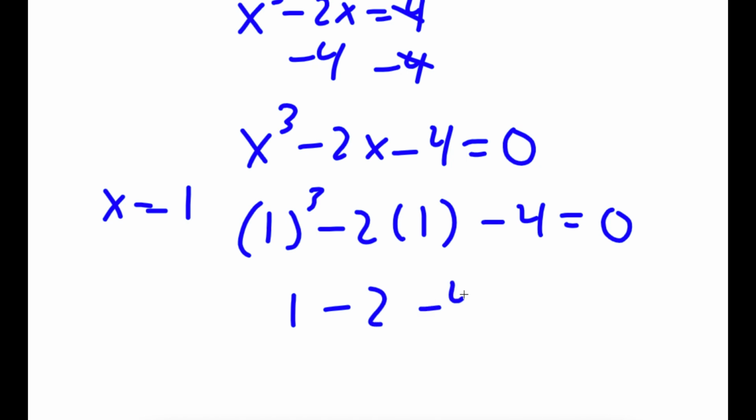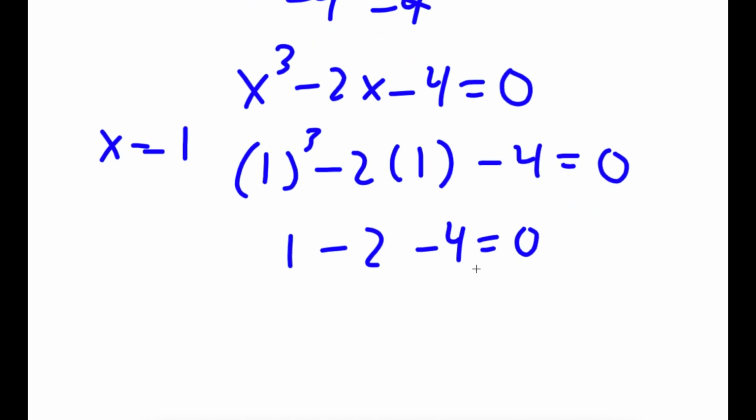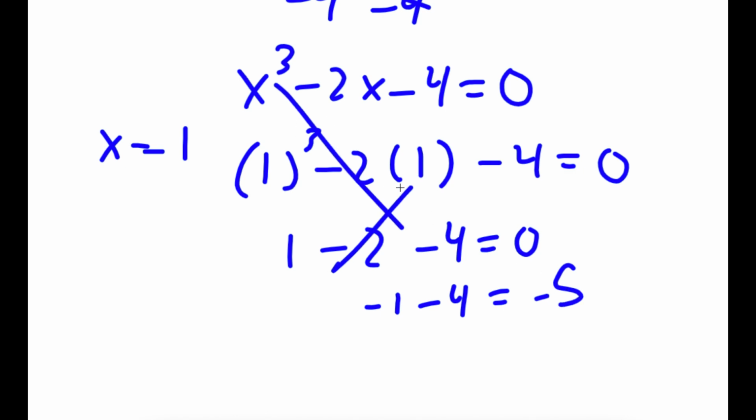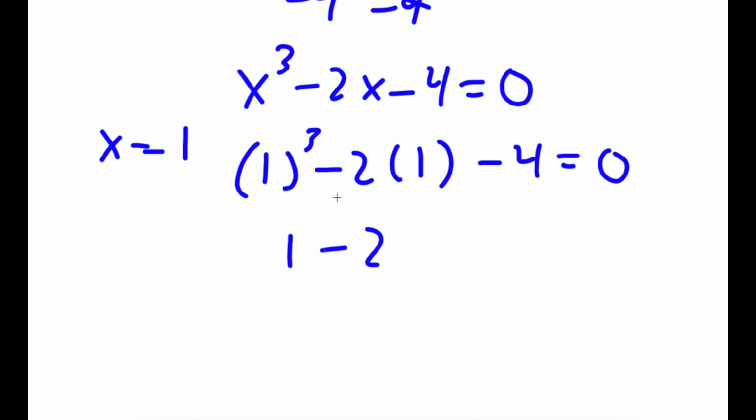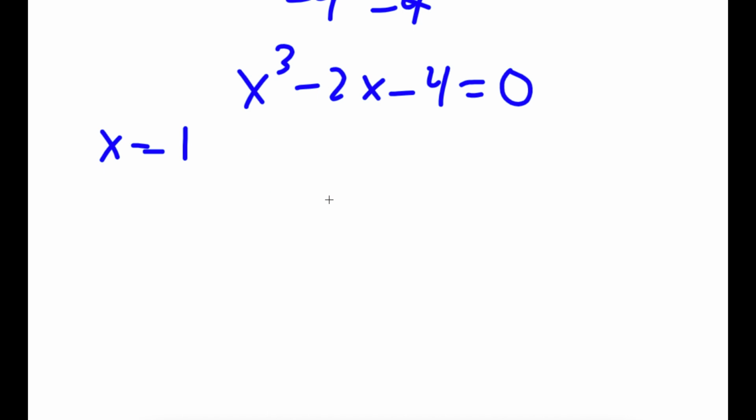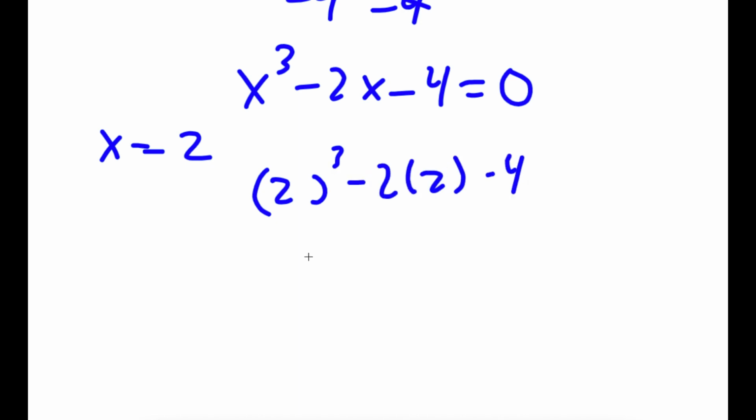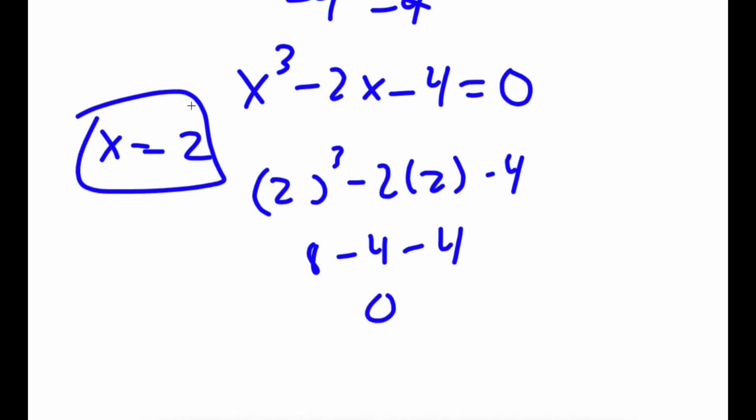So I have 1 minus 2 minus 4, which is negative 1 minus 4, which is equal to negative 5. So this is wrong. The next value I'm going to test out is 2. If x equals 2, I get 2 to the power of 3 minus 2 times 2 minus 4, which is 8 minus 4 minus 4, which is 0. So 2 is going to be a value of x.